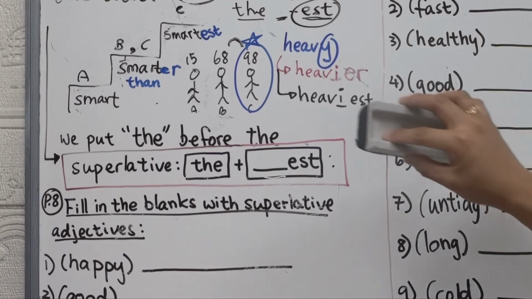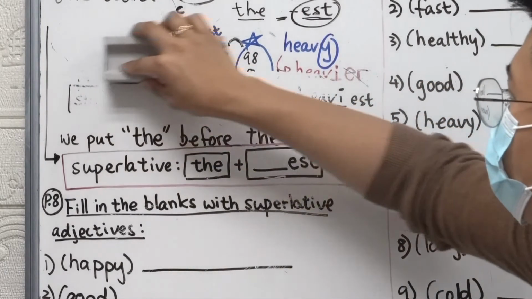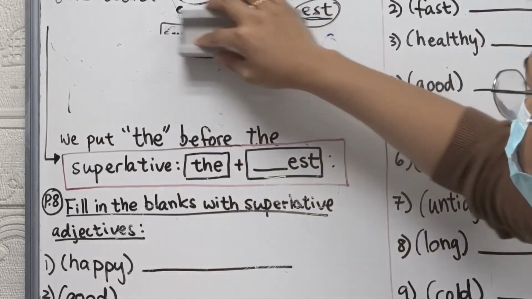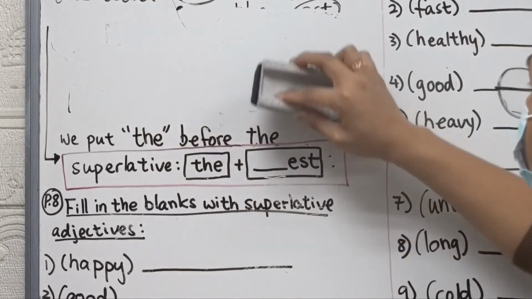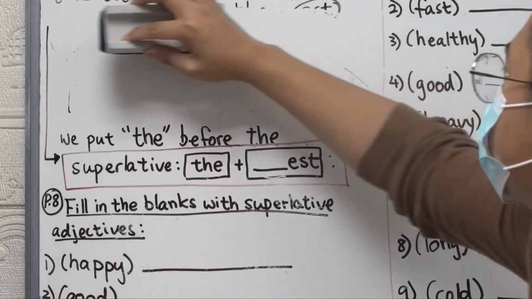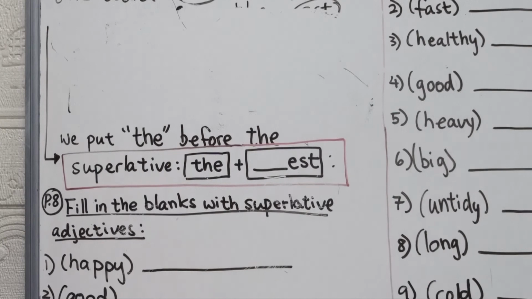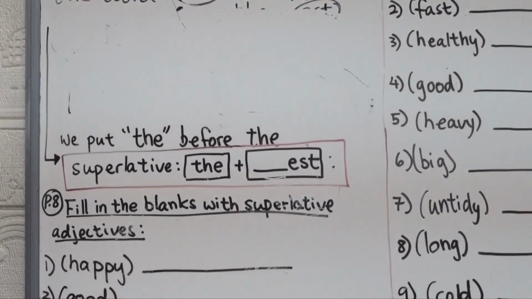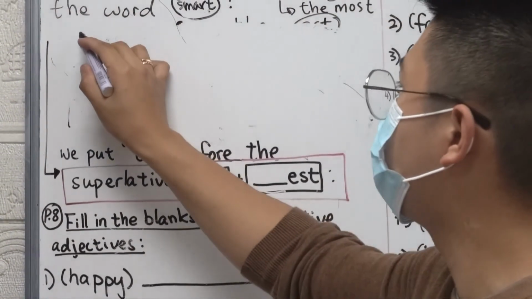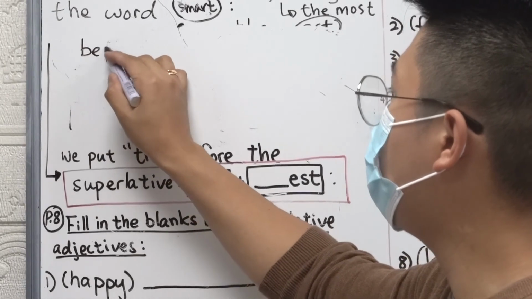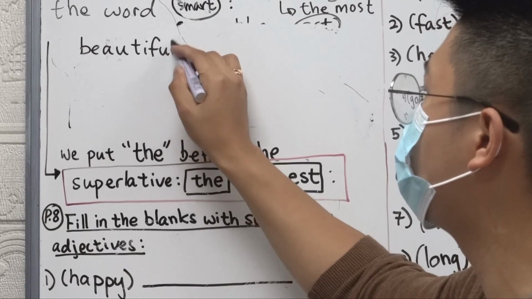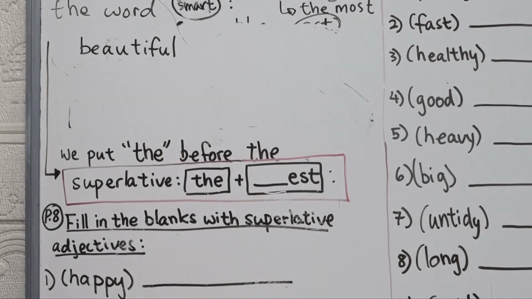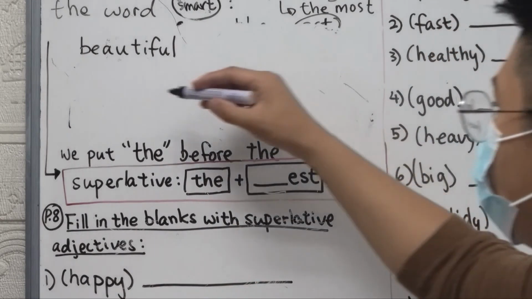Okay, good. Another point to talk about with superlative and comparatives. I hope that you still remember this part. The syllables. Syllables means the number of sounds. Let's try to look at the word beautiful. B-E-A-U-T-I-F-U-L. So we can say we have 3 pictures.